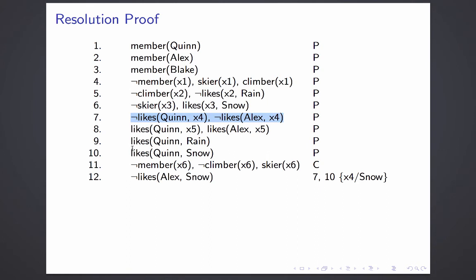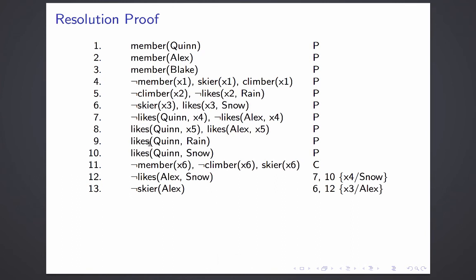And on line 10, I can resolve with likes, and X4 binds with snow. I substitute that back in to not likes Alex and X4, and then that gives me my resolvent, which I add to my list of clauses.